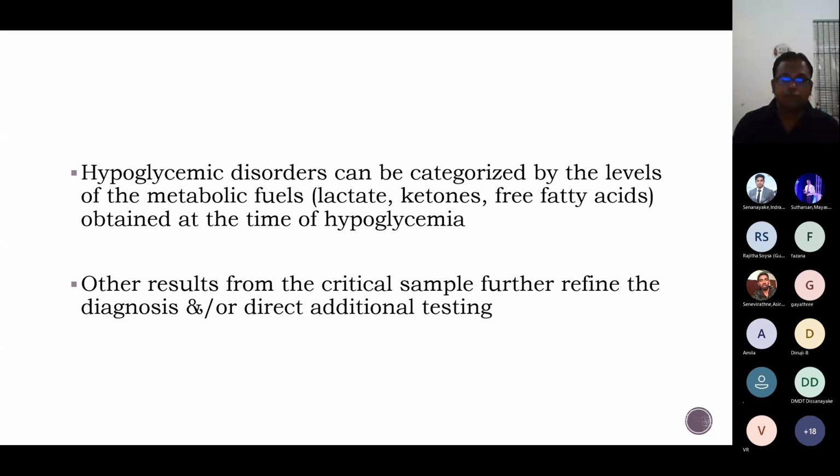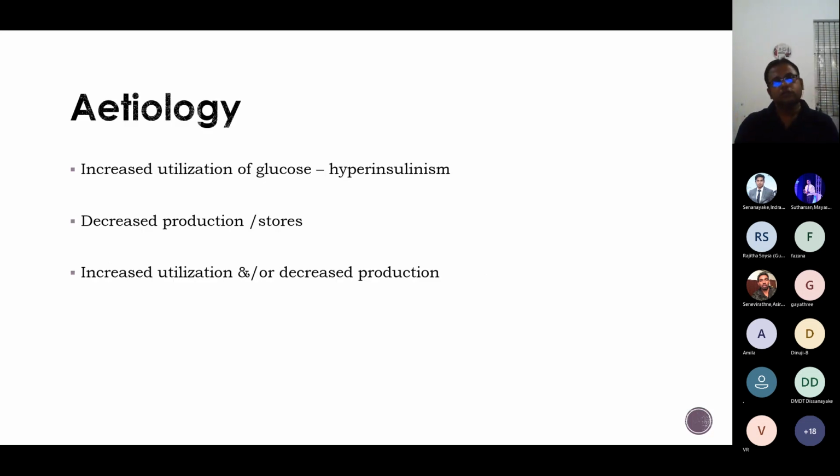So we can narrow down our differential diagnosis or categorize them by measuring these levels of lactate, ketones, and free fatty acids. So what are the etiologies for hypoglycemia? We can broadly categorize them into three.